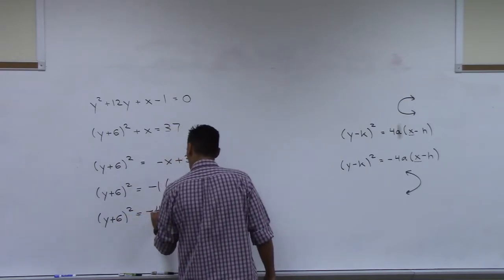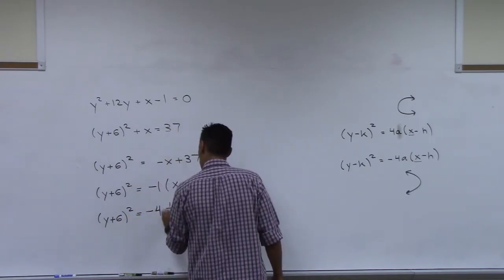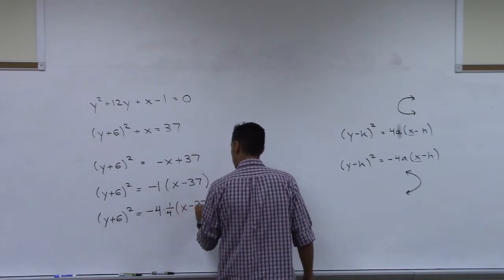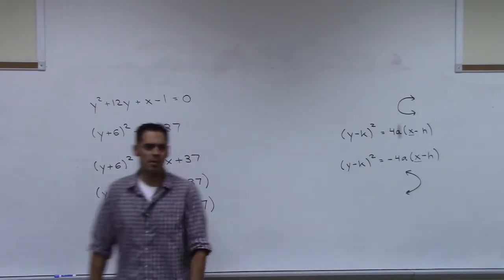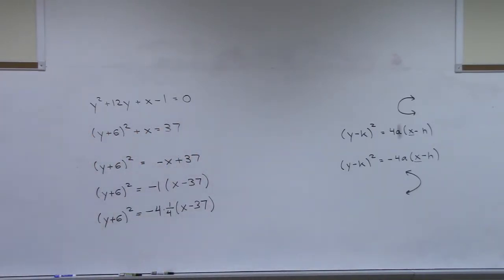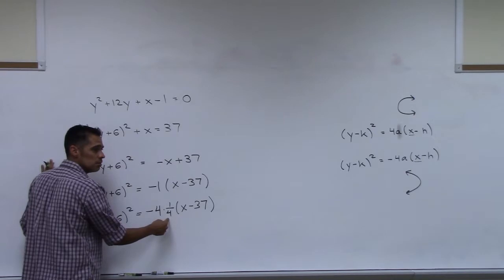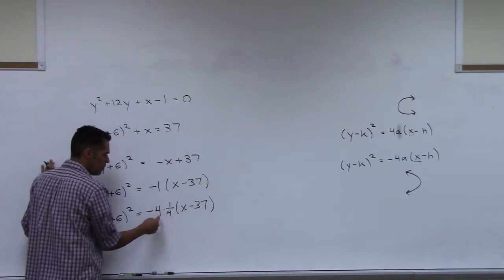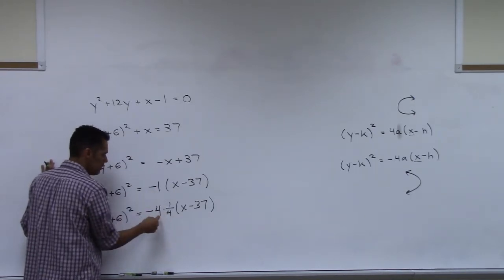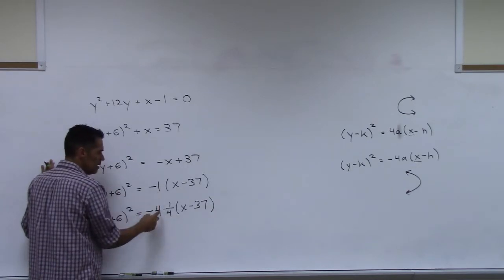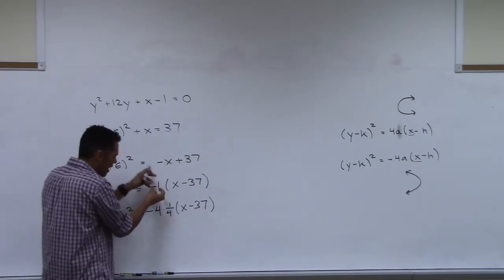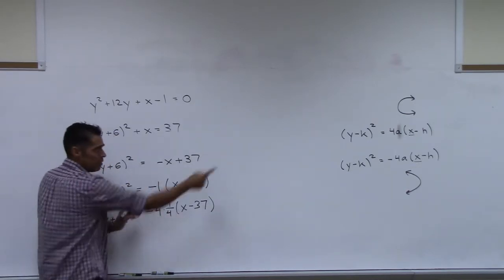Negative 4 times 1/4 times (x minus 37). Now that's a little tricky, but do you see that? Negative 1 is the same as negative 4 times 1 over 4. A fourth of negative 4 is negative 1, right? So what I'm trying to do is massage this number into that format.